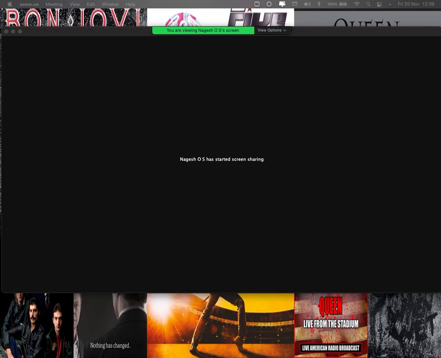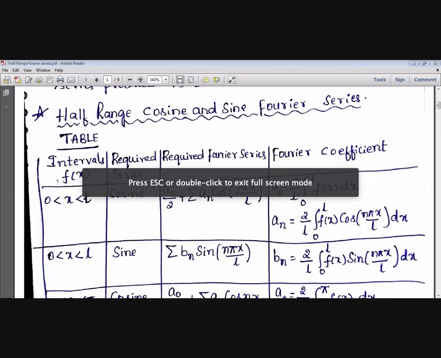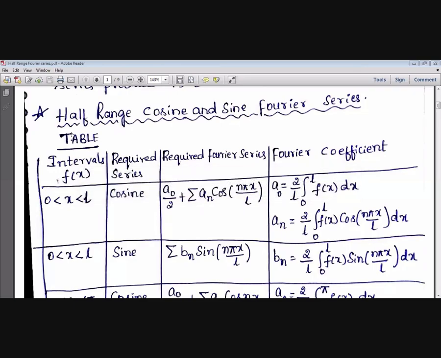Of range Fourier series. So from starting we'll do screen sharing.